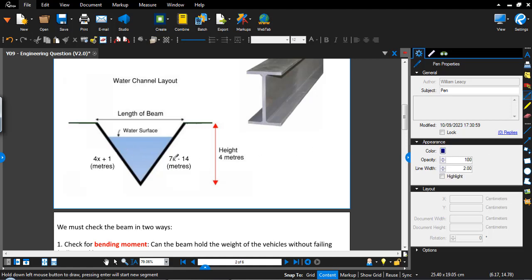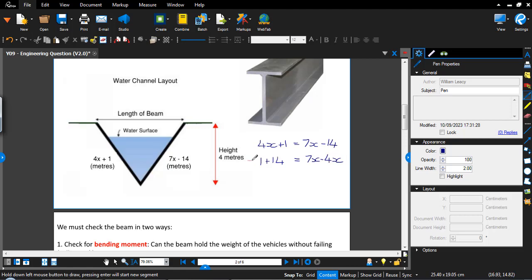So you have 4x plus 1 equals 7x minus 14. So then you just manipulate this. Whatever way you want to do it, you're going to get 1 plus 14 equals 7x minus 4x.